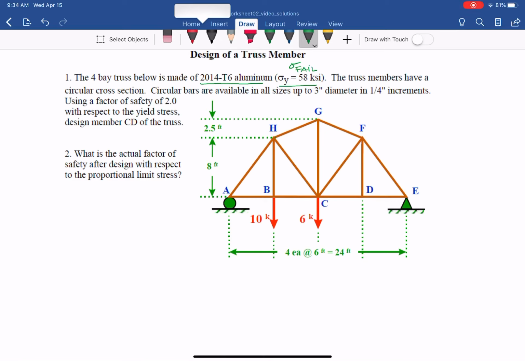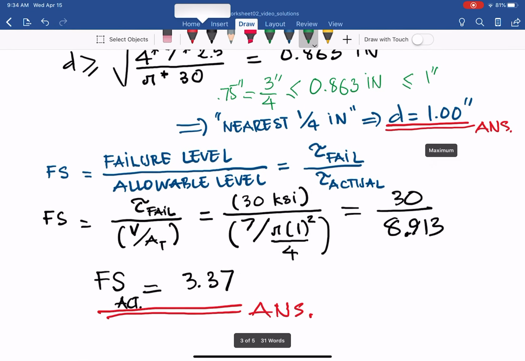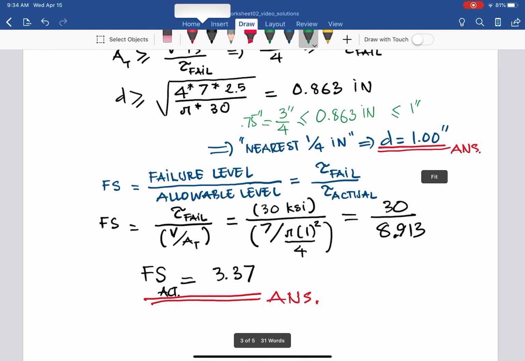The truss members have a circular cross section, so it will be the circle. Circular bars are available in all sizes up to 3 inches with 1/4 inch increments. Based on my explanation in worksheet 2B, you know what that is about.